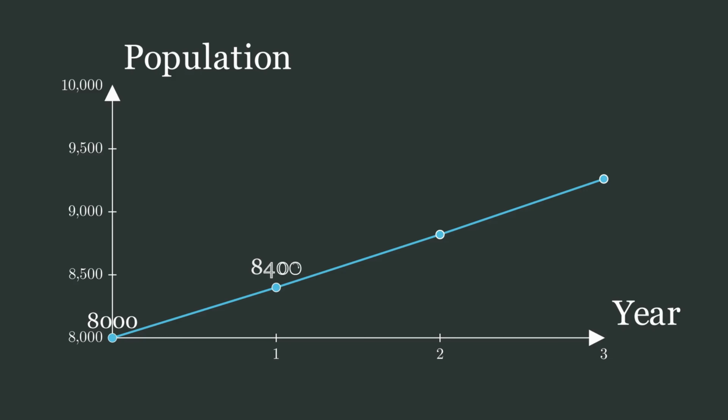It will be 8,400, and in 2 years, the population will be 8,820 with the rate of 5%, and in 3 years, it is 9,261. As you can see, the line is a straight line, because we always keep growing at a rate of 5%. In the real world, it's quite unlikely that we grow at such a linear pace, but it's just a problem.